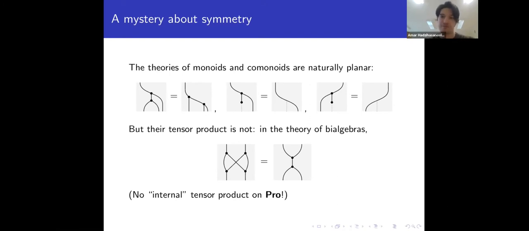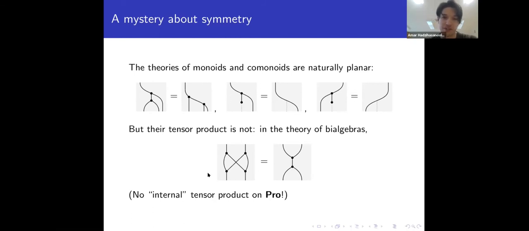And at some point, early in my PhD, I read this paper by Steve Lack on composing props, and he made an observation of this kind, where somehow the bialgebras is obtained by composing theory of monoids and comonoids that do not necessarily have to contain symmetries.